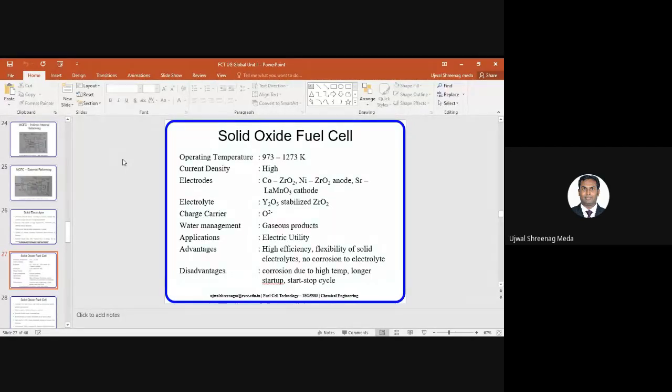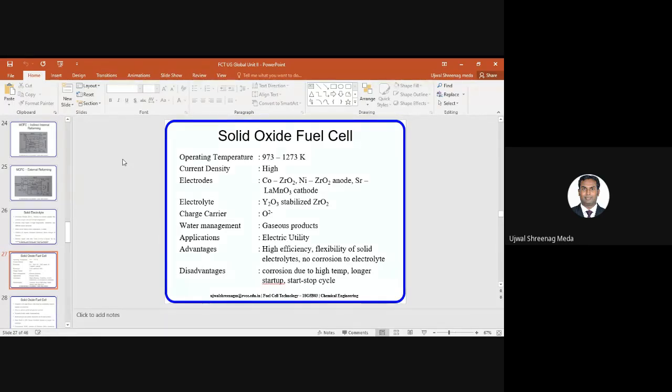And coming to the electrolyte, yttria stabilized zirconia, YSZ, and the charge carrier is oxygen ions, O2 minus. Water management: the water that is generated is usually evaporated, and in the form of steam, it comes out with the other gaseous products.